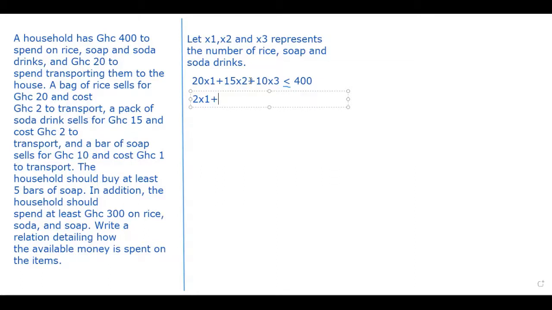So remember, we defined soda drink to be x3, not x2. Because we said let x1, x2, and x3 represent the number of rice, soap, and soda drink. So now let's look at the price of the soap first, because the soap represents the x2 in the definition we gave. You get it? So if we are following this question, we have to change our definition here. So the soda drinks will come here.